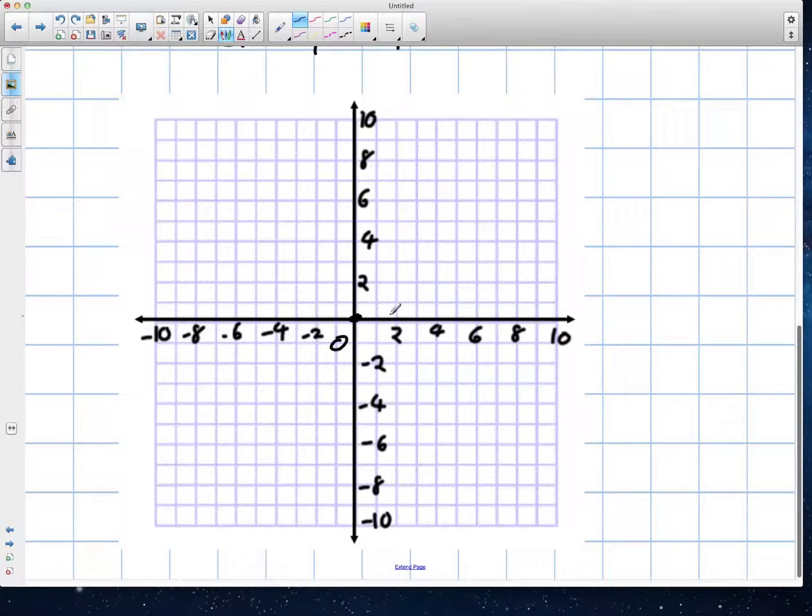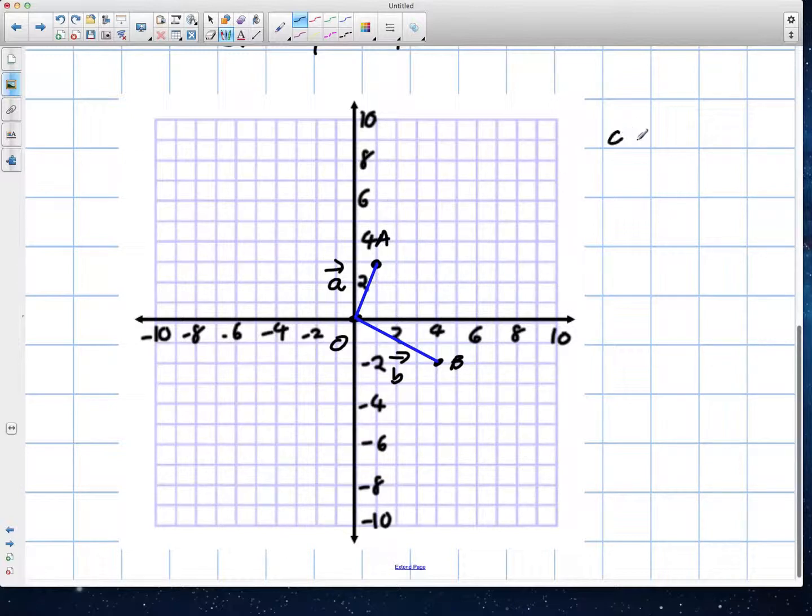OA was at 1 and 3, so we're looking at 1 x value, 3 y value. This is our OA, or as they said, vector A. OB is at 4, negative 2. So this is our OB, or vector B. So this is point B, point A.